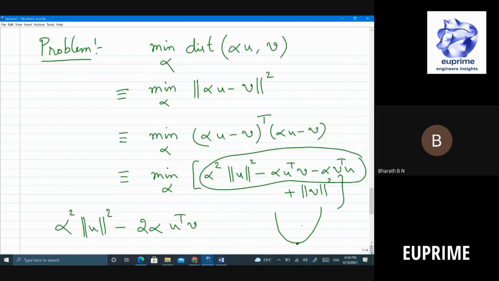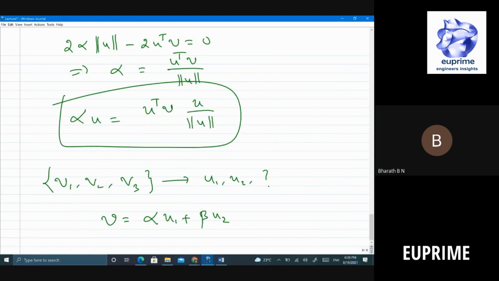Okay, so now we have this vector. If you look at v minus v3, it should be orthogonal to v, right? That's what we want. So what does this translate to? (v minus v3) transpose v is 0, right? What is v? v is alpha u1 plus beta u2.